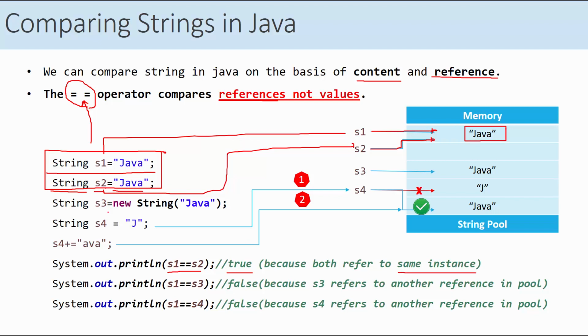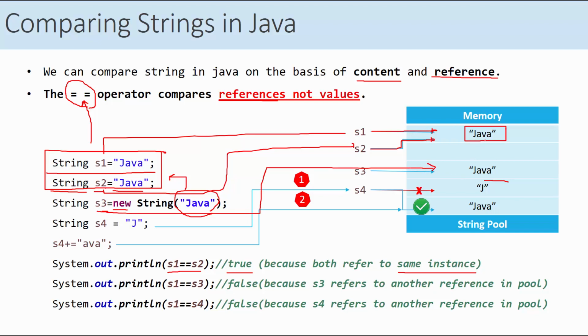However, in S3, if you use the new operator, you instantiate a new string object. It's not like doing it by just providing a string literal. So here a new string object will be created in memory, and S3 will refer to this memory reference.